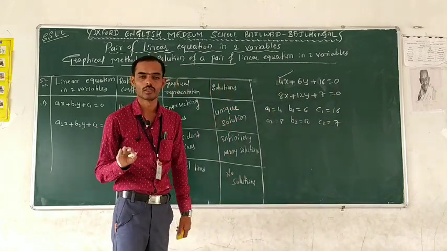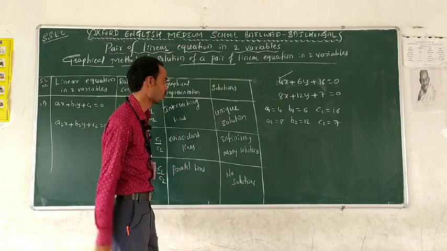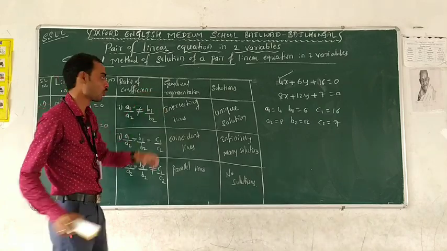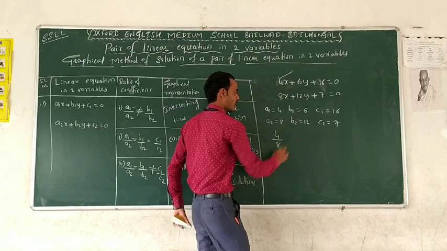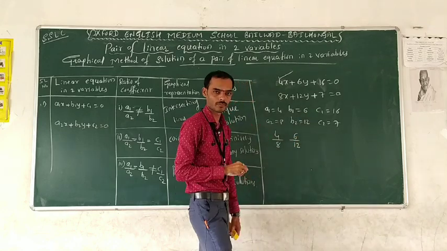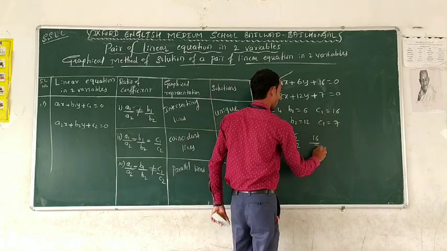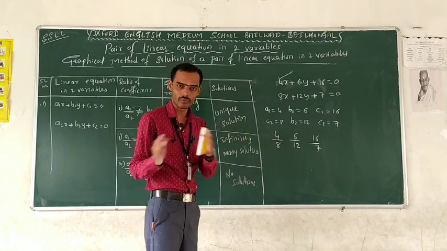So a1, a2, b1, b2, c1 and c2. First of all we have to observe the ratios. a1 by a2, 4 by 8, and b1 by b2, 6 by 12. And the third one, 16 by 7. So just cancel and simplify it.